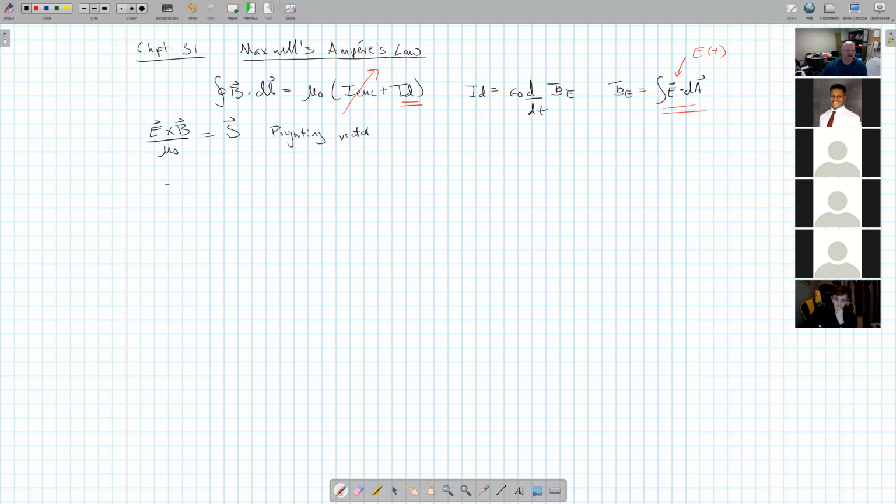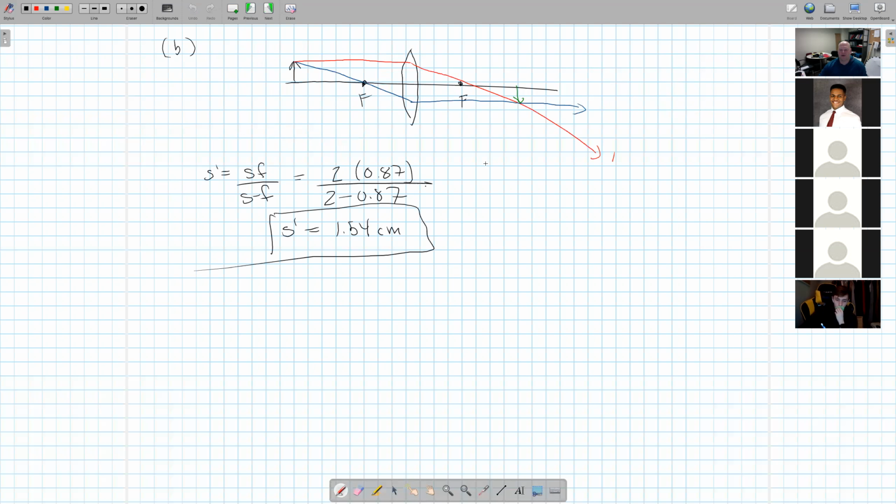So if I took the magnitude of the Poynting vector, this is equal to the RMS electric field times the RMS magnetic field, all divided by mu naught, where the RMS values are equal to the amplitudes divided by the square root of 2.